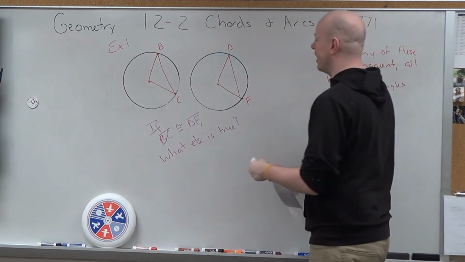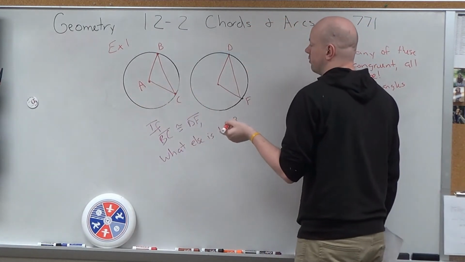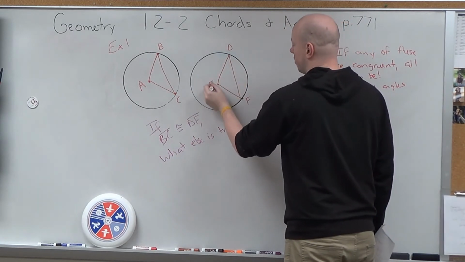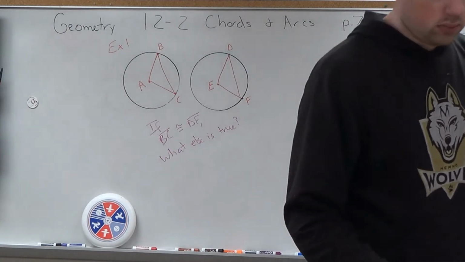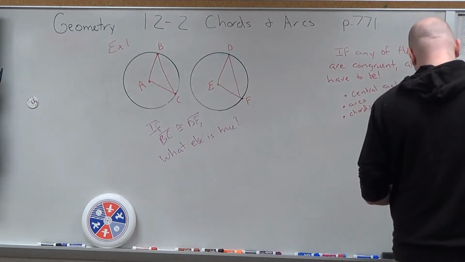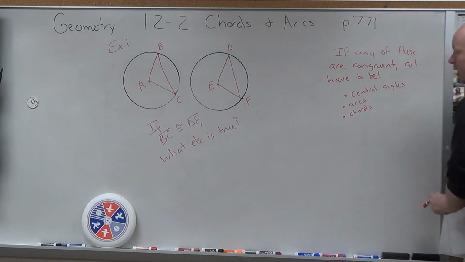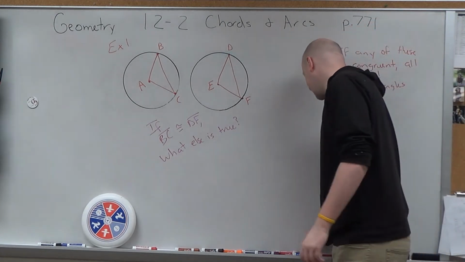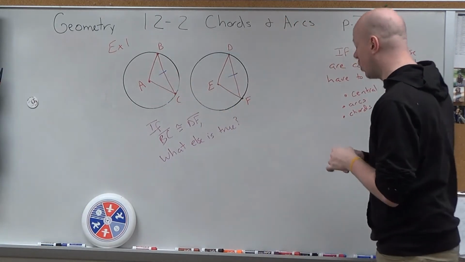So, maybe we need to label some circles here, so let's go with A, B, C, D, E, F. Like we said, if one of those things is true, then all of them have to be true, right? And BC, as we clearly see, is just a chord.